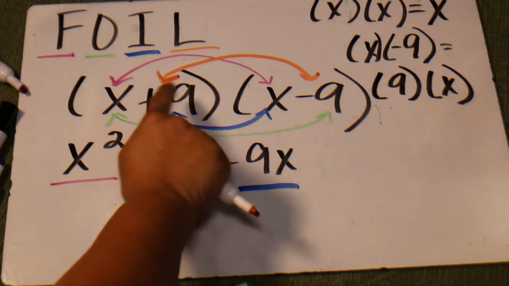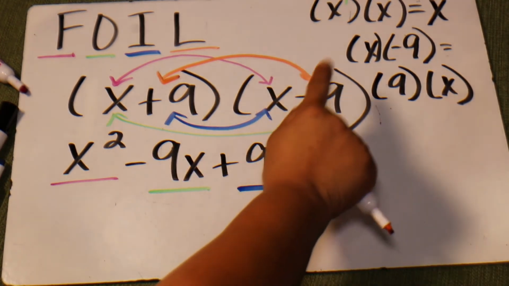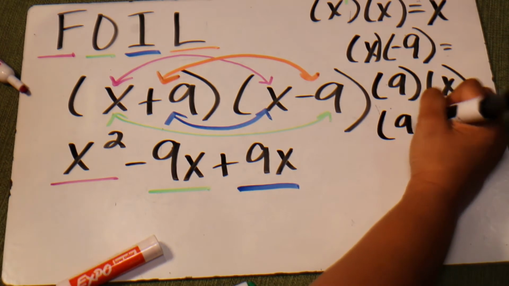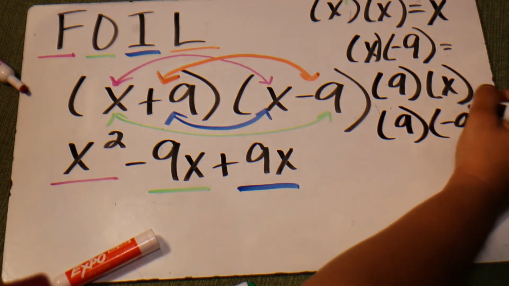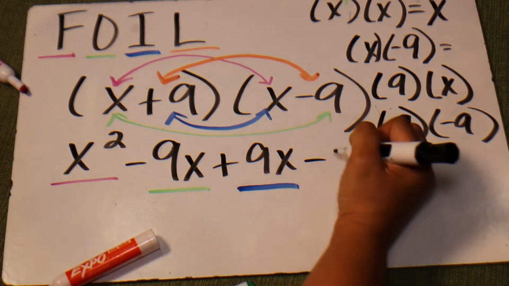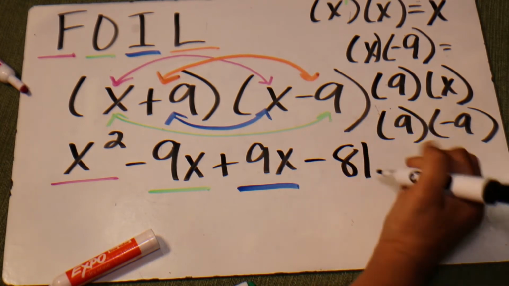Now we have a positive 9 times a negative 9. Let me write this over here. A positive 9 times a negative 9. When we are multiplying integers, a positive times a negative gives you what? A negative. So now we're going to have a negative 81.